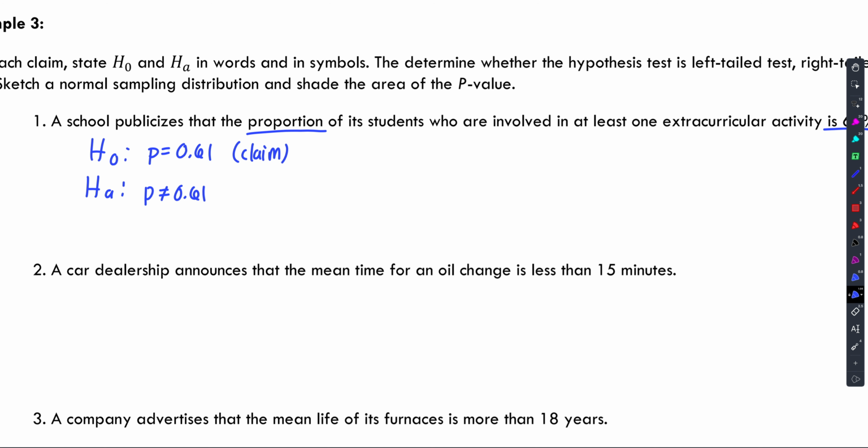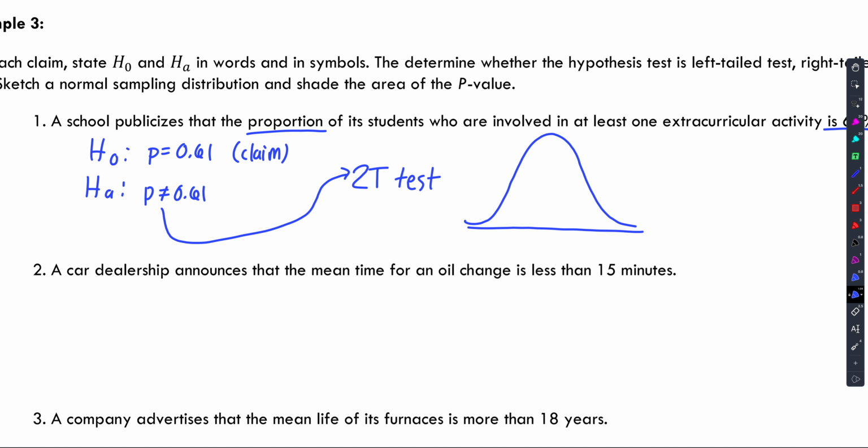So what type of a test am I going to have here based off of my HA? Two-tailed test, right? Because it comes straight from the fact that this is a not equal sign. So when I sketch my sampling distribution, draw out a little bell curve, and how many tails am I going to shade? Where am I going to put the two tails?